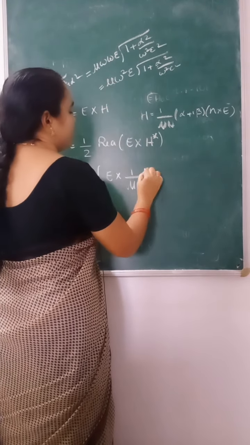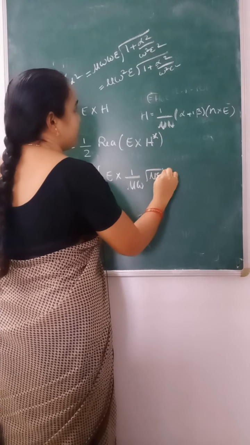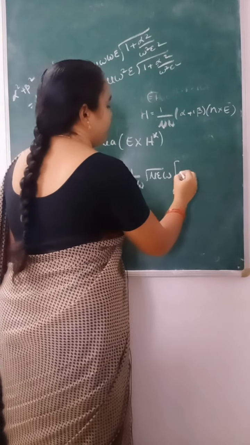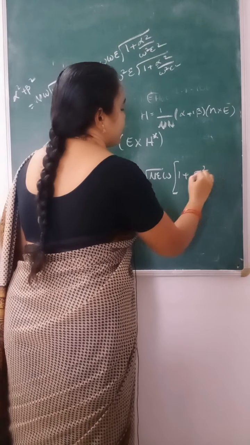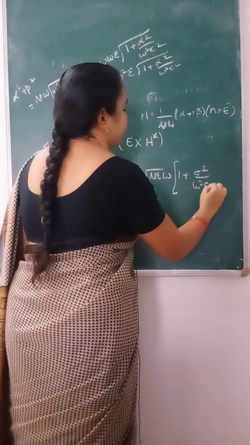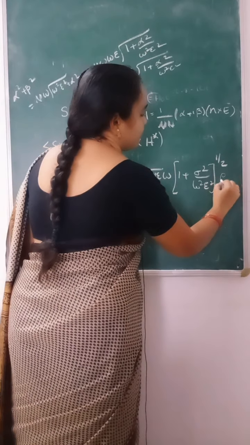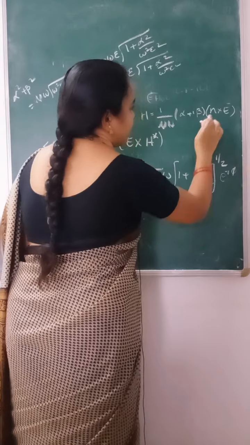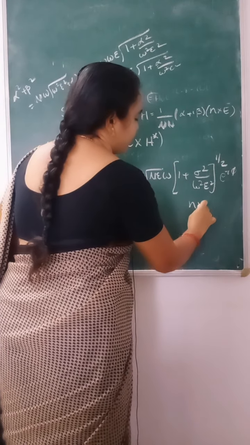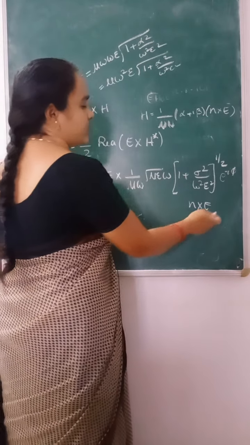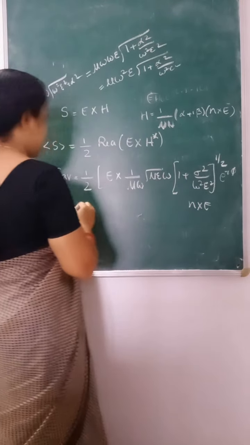That root is root of mu epsilon omega, and another root, that is 1 plus sigma square by omega square epsilon square whole power 1 by 4, into its phase, that is e power minus i phi, into n cross E. So we have E cross n cross E, remaining all terms are constants.